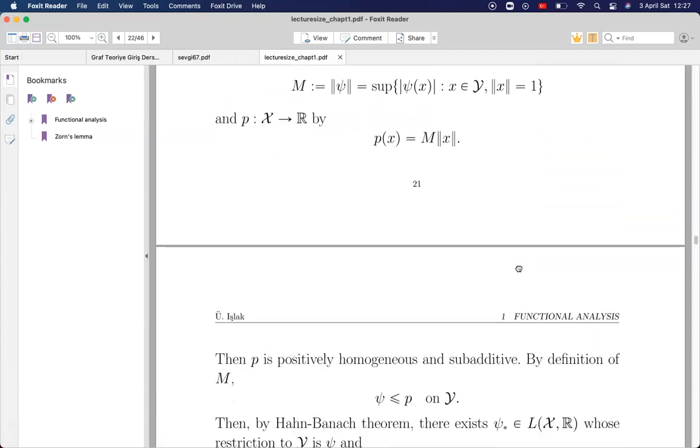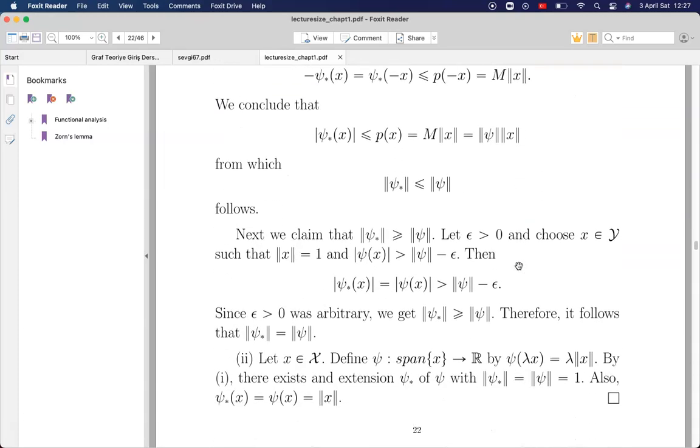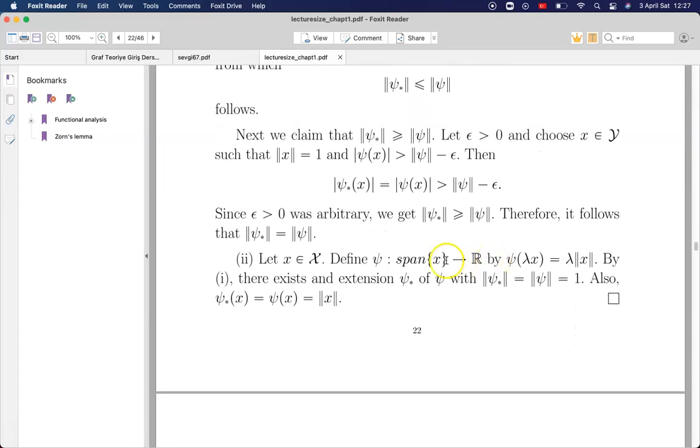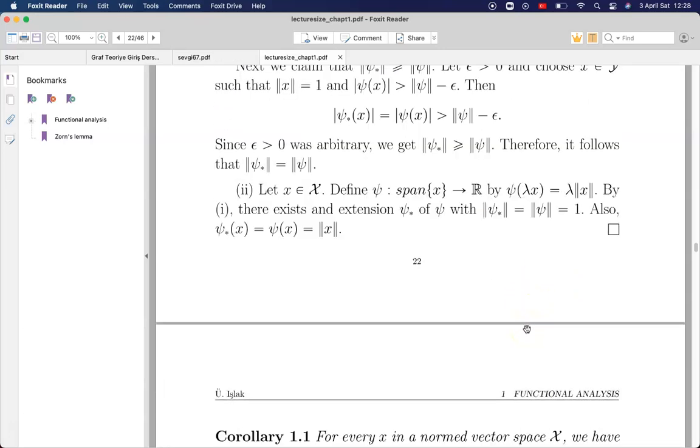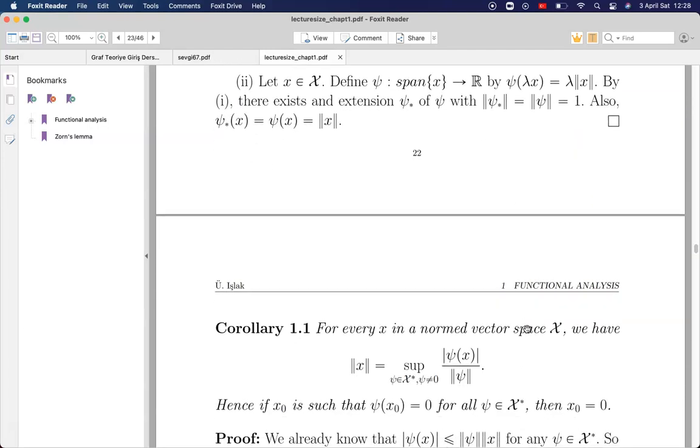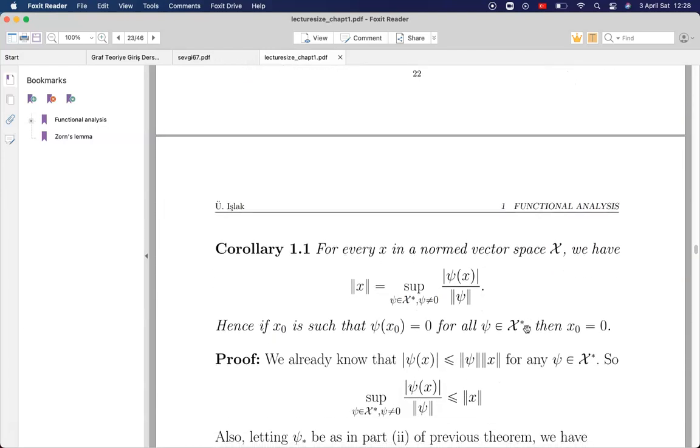It's pretty straightforward in this case. Basically, you take the subspace as the span of x, define the linear functional by this, and it satisfies. And the result will follow.